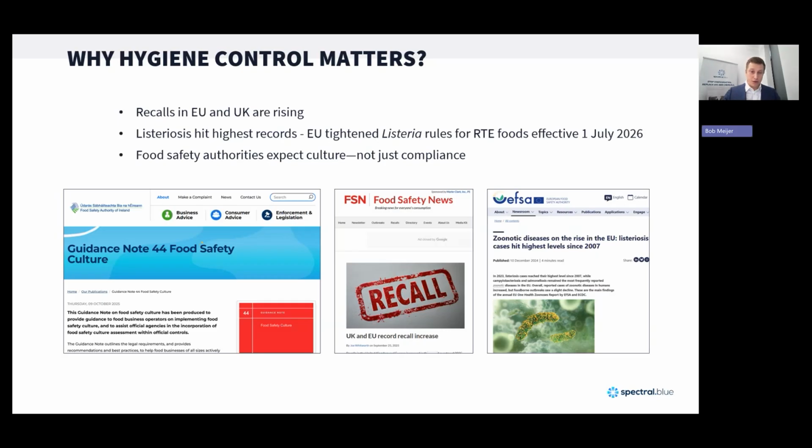And what many of those articles about recalls have in common is that there is a clear need for stronger hazard control, with enhanced cleaning and disinfection protocols, stricter gowning procedures with microbiological rationales.